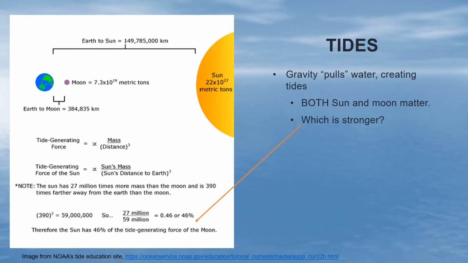If you look at that oppositional force difference, we see that the moon exerts more force, but the sun exerts about 46% of the tide generating force of the moon. So both of them are important when you're looking at what's causing the tides.